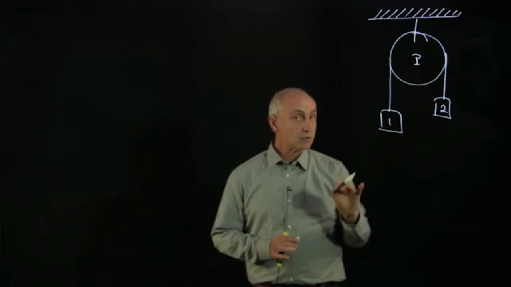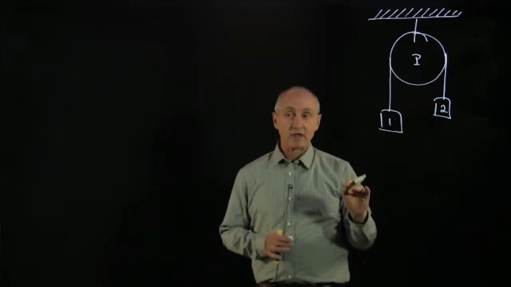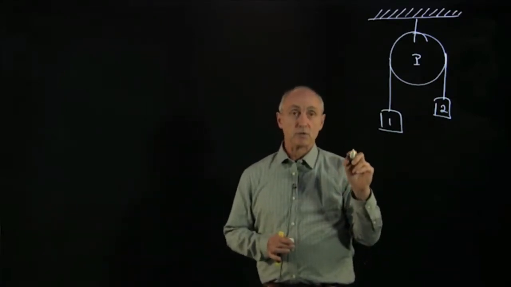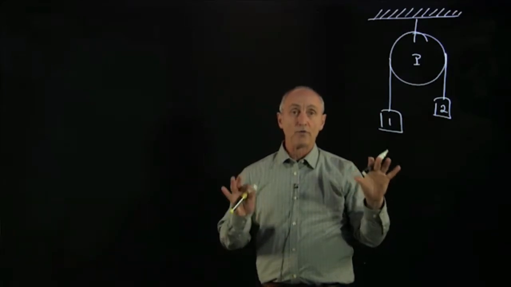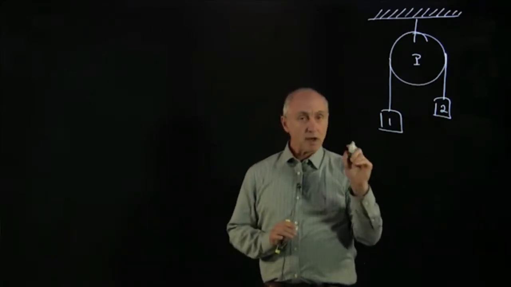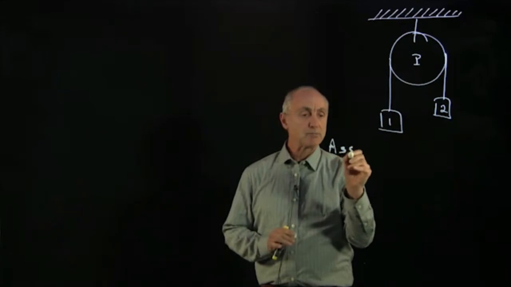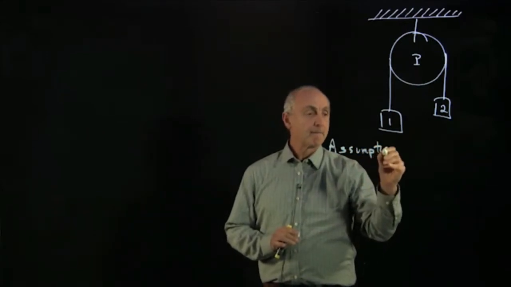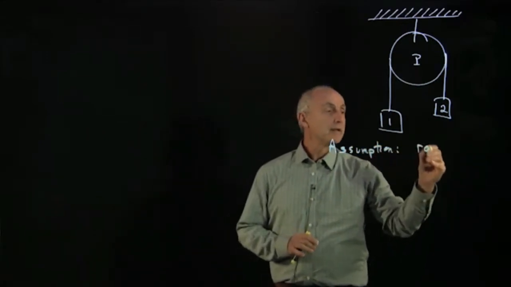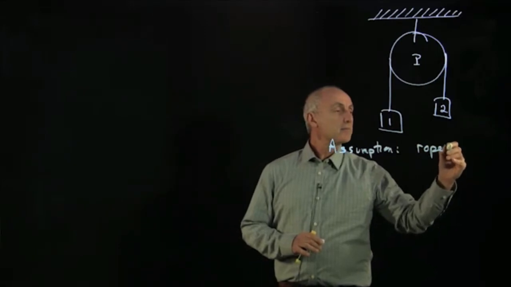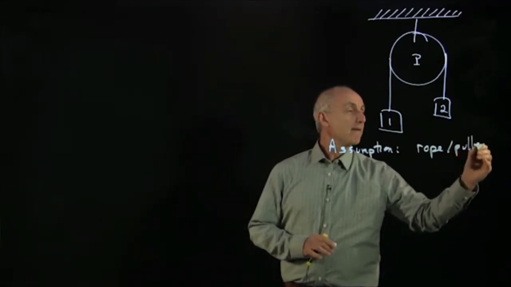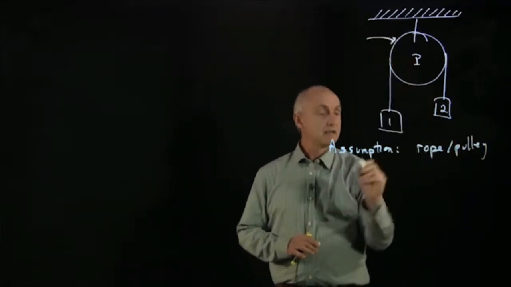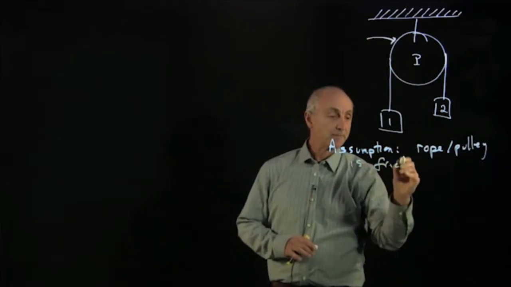Going back to our methodology, the first thing we want to ask ourselves is to identify all the moving pieces. I'm going to make my first assumption here: that the rope-pulley surface, right here, is frictionless.